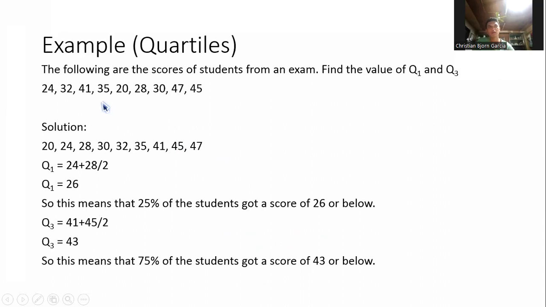Another example. The following are the scores of students from an exam. Find the value of Q sub 1 and Q sub 3. The scores of the students are 24, 32, 41, 35, 20, 28, 30, 47, and 45. Now let's arrange it in ascending order: 20, 24, 28, 30, 32, 35, 41, 45, and 47.